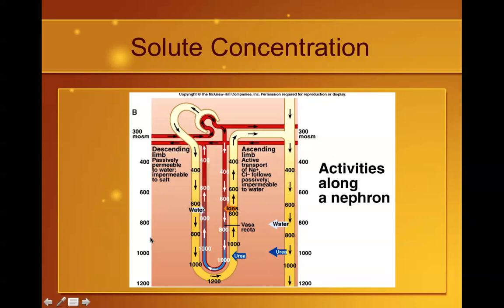Over on the other side, you're going to see that the dark yellow color again starts to become lighter. And the reason for this is that solutes are going to be pulled across in the ascending loop of Henle. And so what you're going to see here is that things like sodium and chloride are moving into the blood.